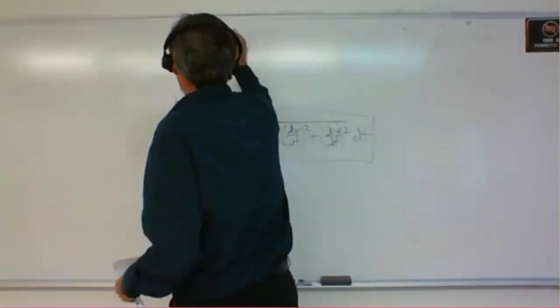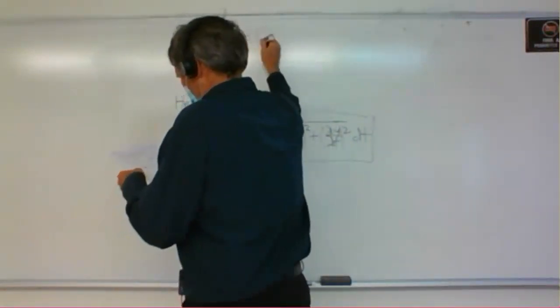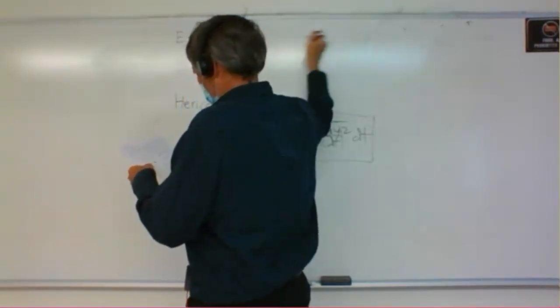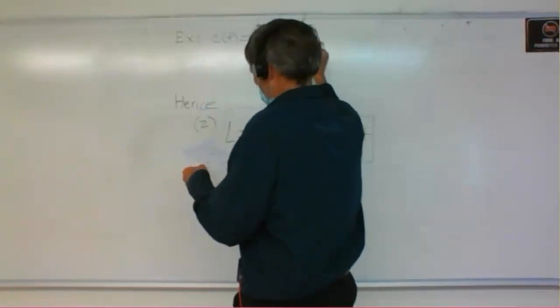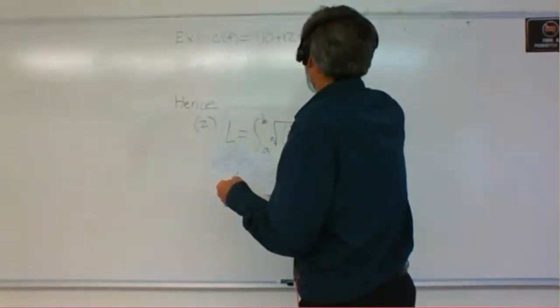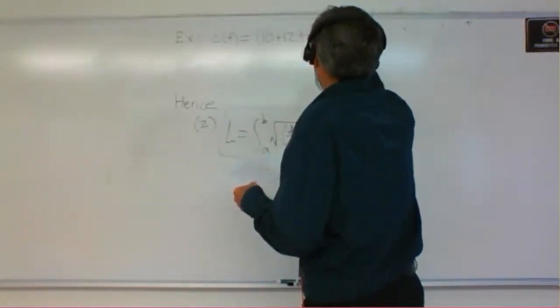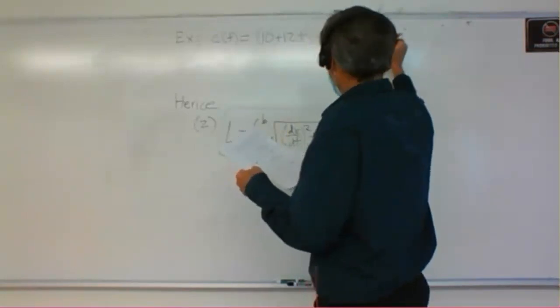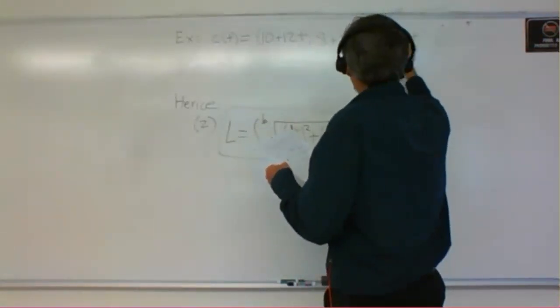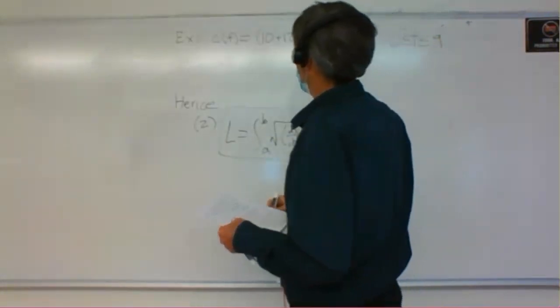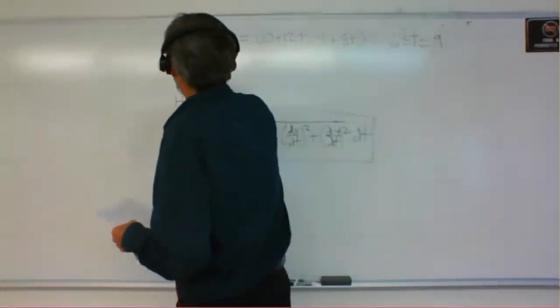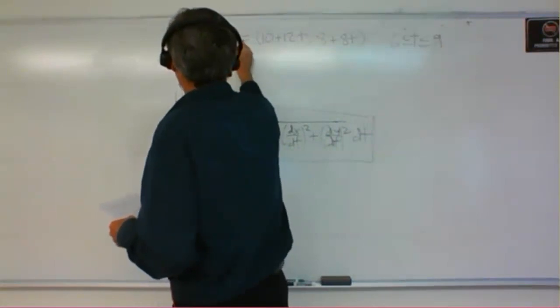They like this notation for a curve: C of t equals, and they put x of t here and y of t in the next one. 10 plus 12t, 8 plus 8t. And suppose t runs from 6 to 9. All right. Find the arc length of this curve.